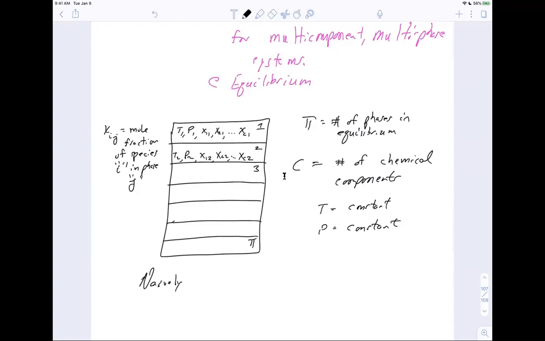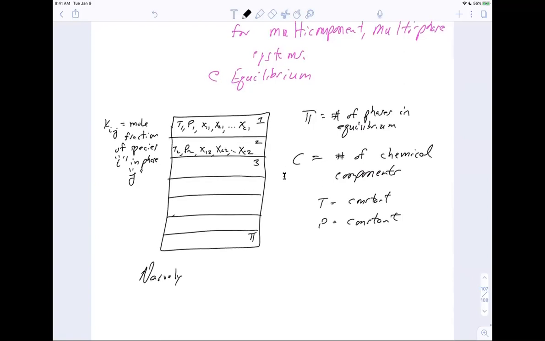And so if you take this naively, we have pi phases, and so we can specify a temperature and a pressure for each one, just naively. So naively, our degrees of freedom, let's just start, is going to be 2 times pi.